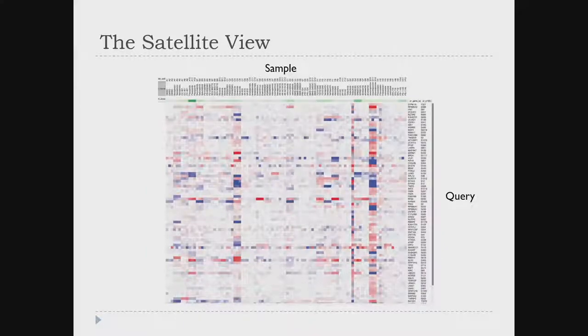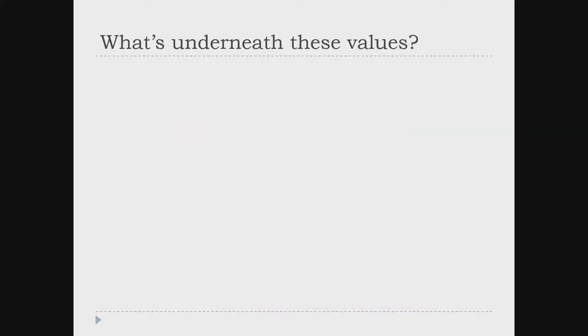This is our satellite view in proteomics, and a lot of people want to get to this as quickly as possible and start coming up with biological conclusions. And I think you've already heard a lot of cautionary tales about why you shouldn't jump to this too quickly. I think you should be asking what's underneath these values, and Skyline's a great tool.